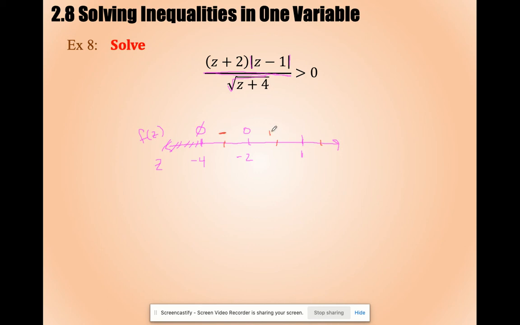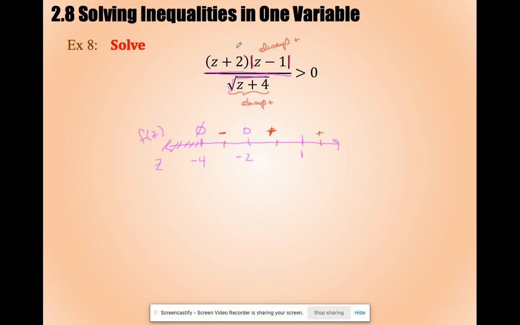Y values are negative here, positive here, and positive here. And again, hopefully you can think about that same situation where, since I've eliminated undefined, everything here will always be positive. Anything coming out of absolute value is always going to be positive, or 0, but I've already taken care of that, and I took care of the 0 here too.